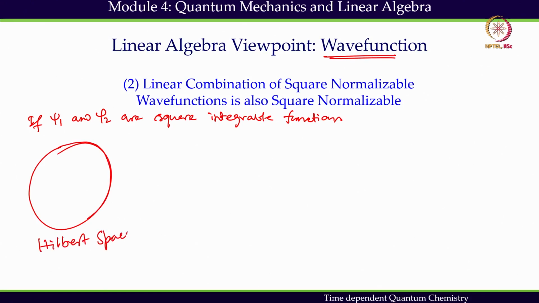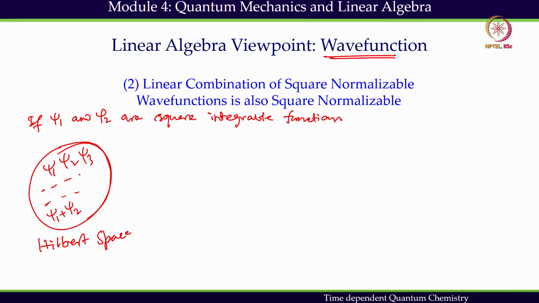And in this Hilbert space, if psi 1, psi 2, psi 3 all are living, then we have to remember that in the same Hilbert space, any linear combination will also live in the same Hilbert space.